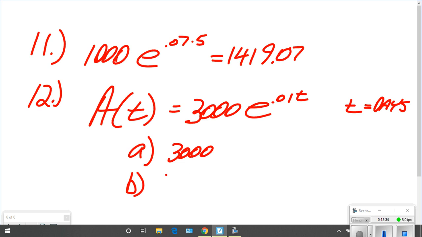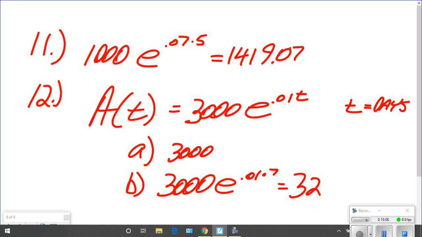So then that's going to be 3,000 e to the 0.01 times 7. And the ladybugs are starting to come out, aren't they? They are. 0.01 times 7, everybody knows is 0.07. So then you're going to do e to the 0.07 times 3,000. 3,217.5, but you can't have half a ladybug.